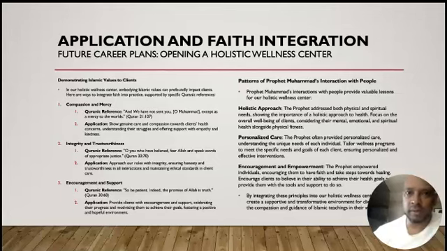Again, the Prophet also often provided personalized care to understand the unique needs of each individual. He, like Jesus Christ, tailored wellness programs to meet the specific needs and goals of each client, and to empower individuals, to encourage them to have faith and take steps towards healing.